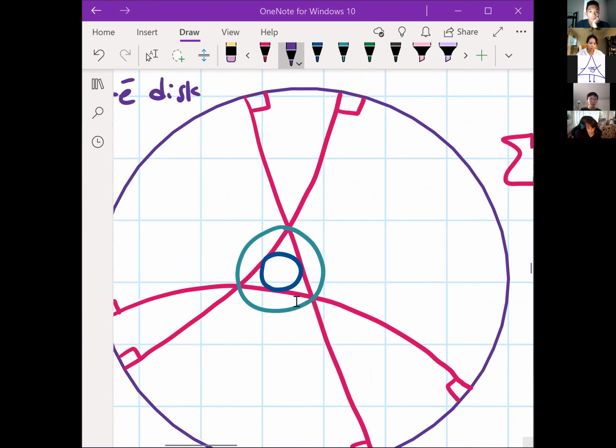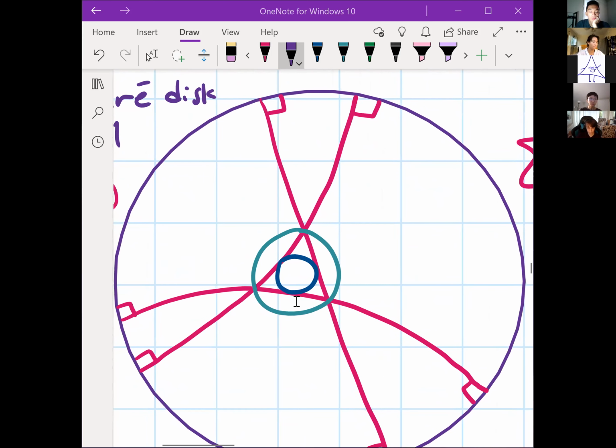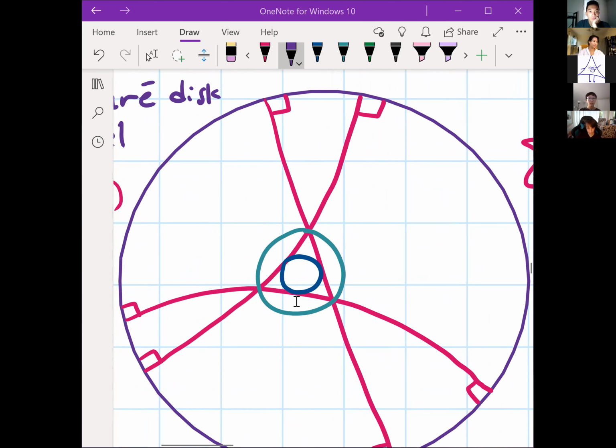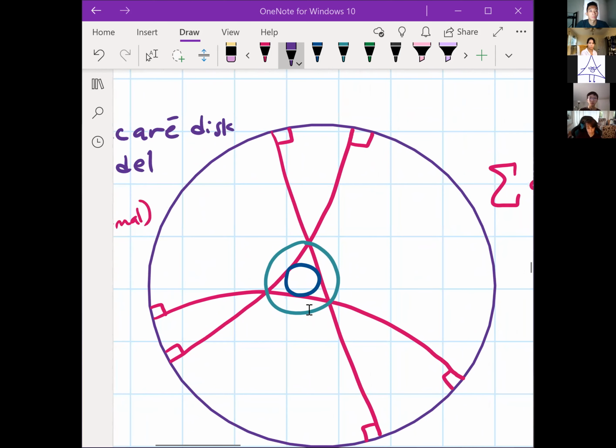And I guess it's a little bit hard to see in this picture since my triangle is so small, but actually all of the corners of the triangle are slightly pinched because we're using circular arcs instead of straight lines.